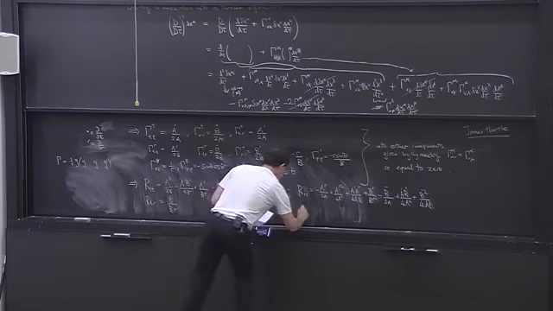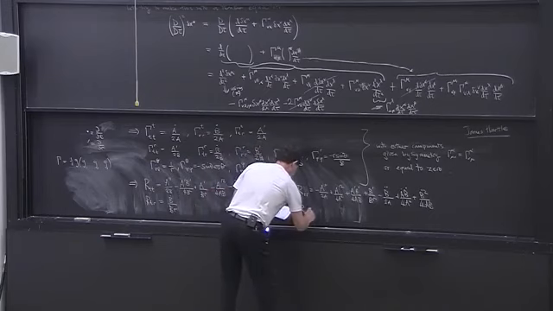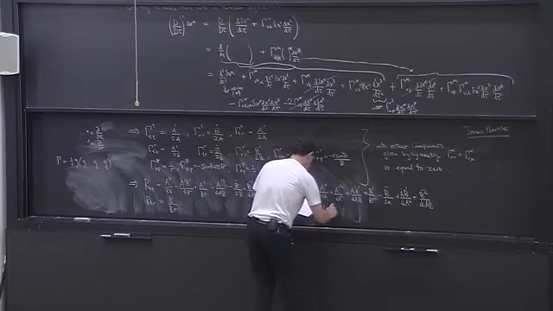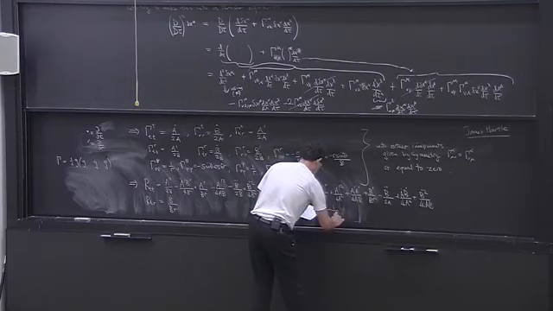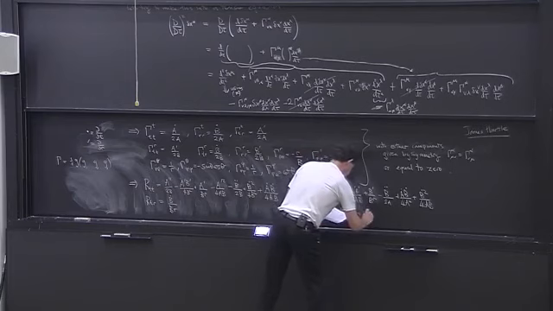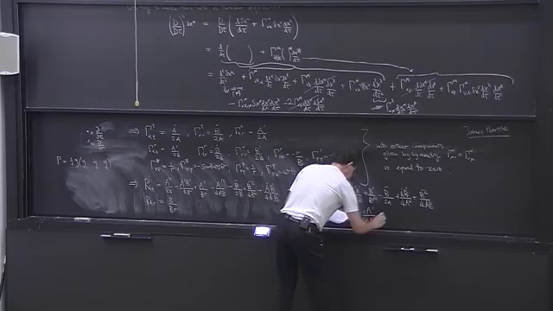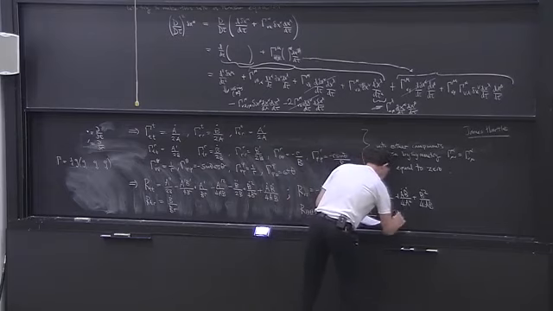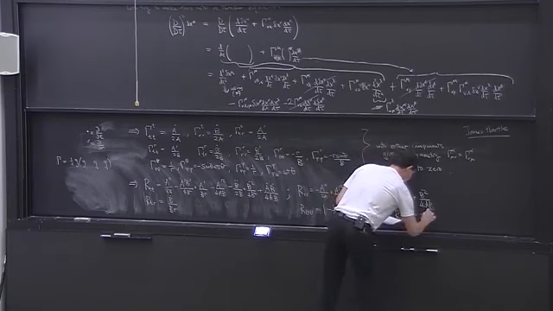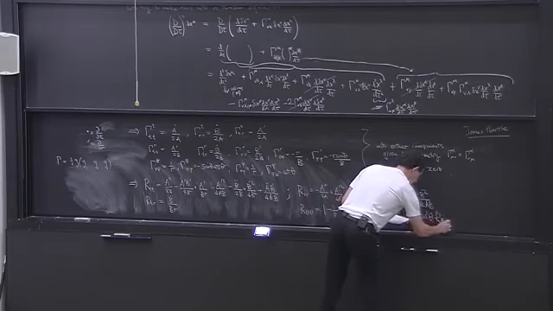And finally, our R theta theta is equal to 1 minus 1 over b plus r b prime over 2b squared minus r a prime over 2ab, and R phi phi is equal to sine squared theta R theta theta.